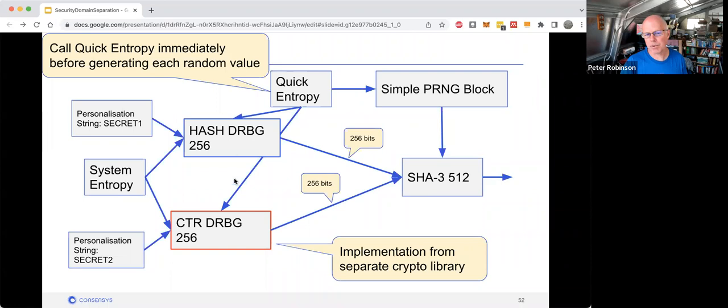So even if there's some problem with all of this stuff coming into your application, you've still got some uncertainty going in. And so if you're message digesting these three lots of 256 bits and you bang out 512 bits, that should provide a fair bit of security for you.